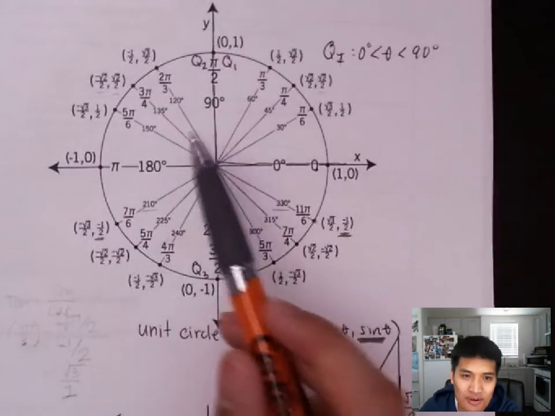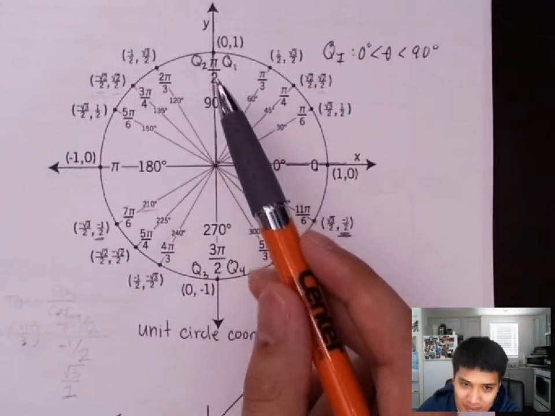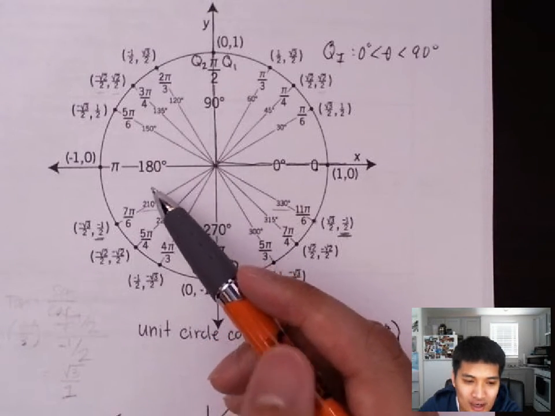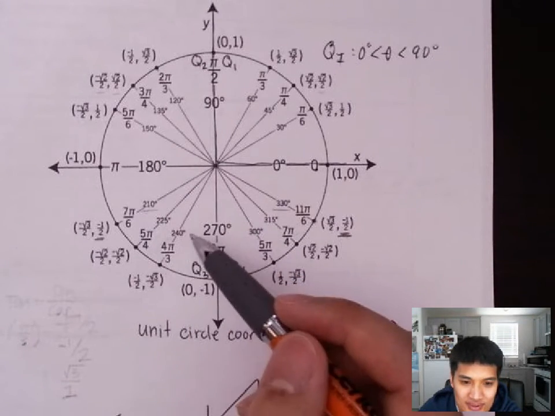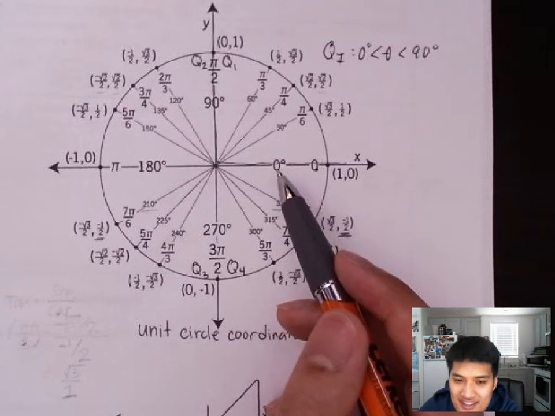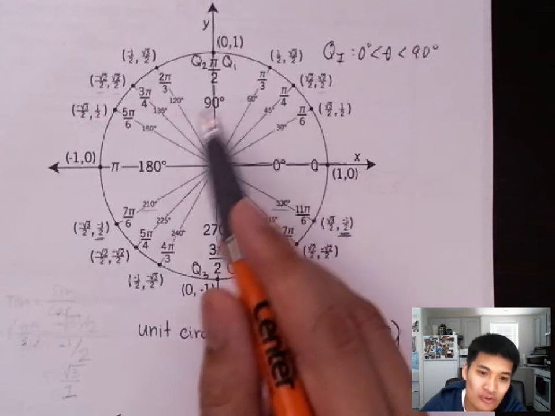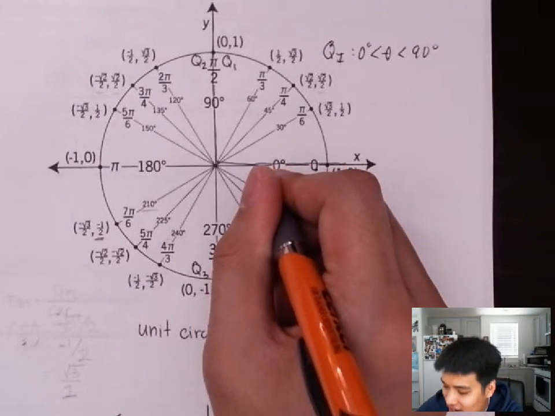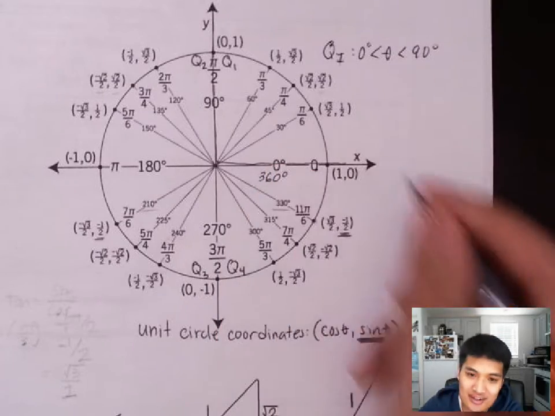When it comes to quadrant 2, as you can see, it's between 90 and 180. Quadrant 3 is between 180 and 270, and quadrant 4 is between 270 and, like I said, one full rotation. Even though it says 0 degrees here, you can also say that this is 360 degrees.